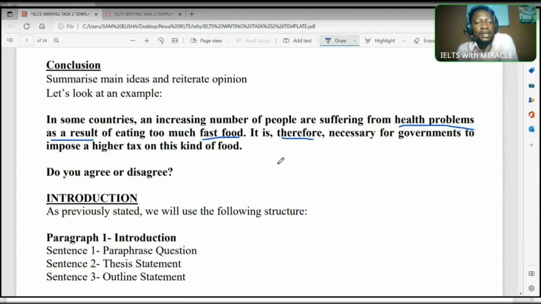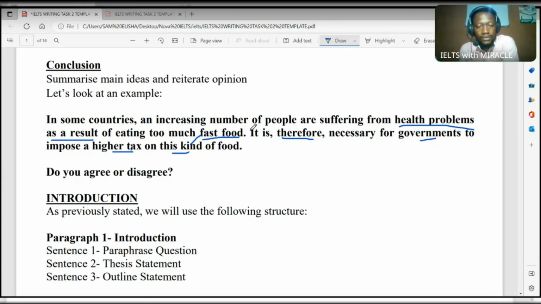Here is the argument. Should government impose higher tax on this kind of food? Remember, this kind of food is fast food. So this here is the argument.